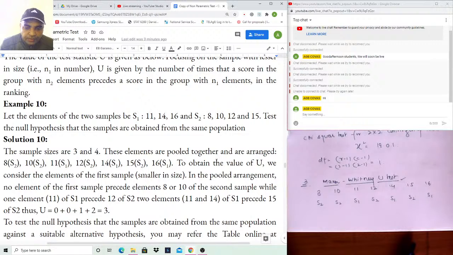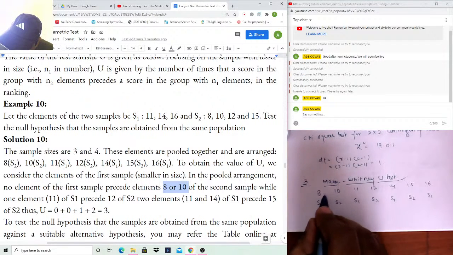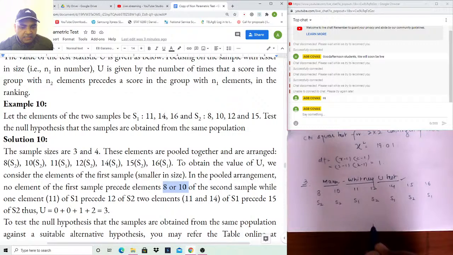Now, to obtain the value of U, we consider the elements of the first sample, which is smaller in size. So, in the pooled arrangement, no element of the first sample precedes elements 8 and 10. So before 8 and 10, there are no elements of S1, isn't it?